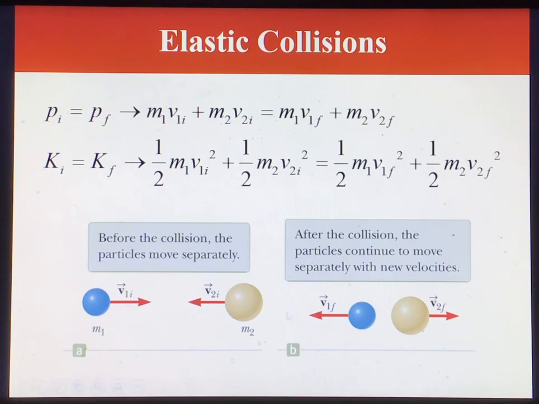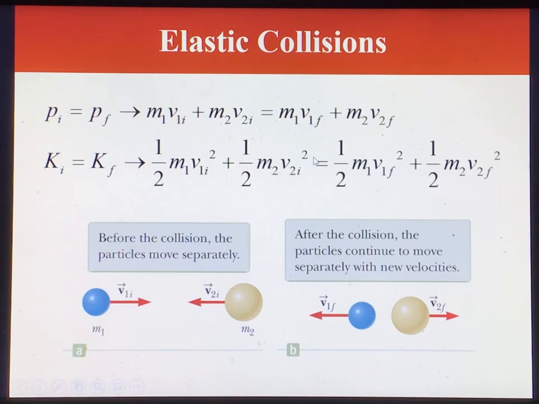And since this collision is taking place in the x direction, the change in potential energy is 0. So the only energy I'm interested in here is the kinetic energy. I can say that the total kinetic energy before must be equal to the total kinetic energy after. So I can rewrite this equation as 1/2 M1 V1I squared plus 1/2 M2 V2I squared is equal to 1/2 M1 V1 final squared plus 1/2 M2 V2 final squared.